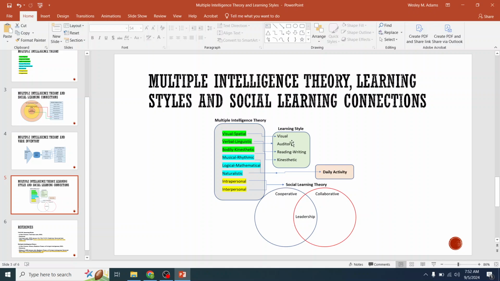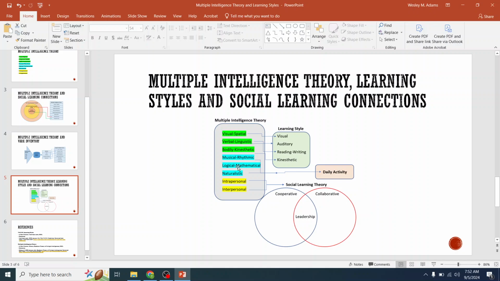The VARK inventory that we do in the second day of the week is going to cover this element of multiple intelligence theory. The visual, spatial, verbal, linguistic, bodily, kinesthetic, they all fit in these 4 here. And then the daily activity will also allow you to assess at least logical, mathematical.